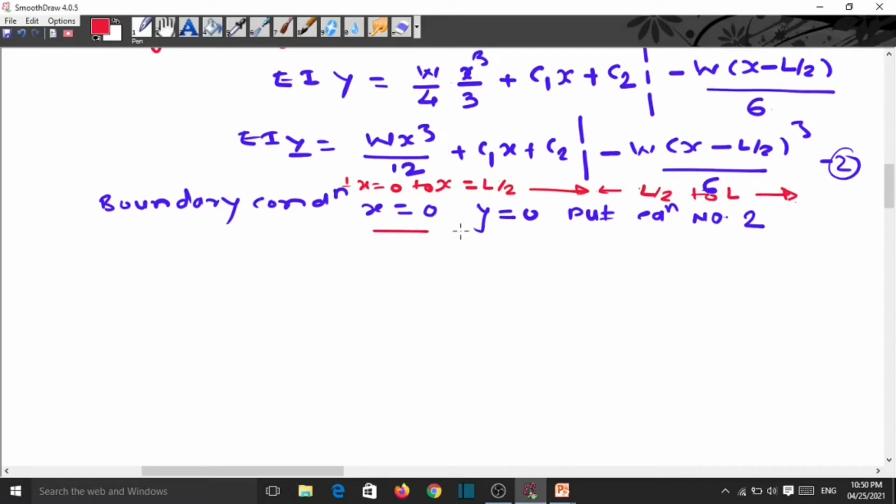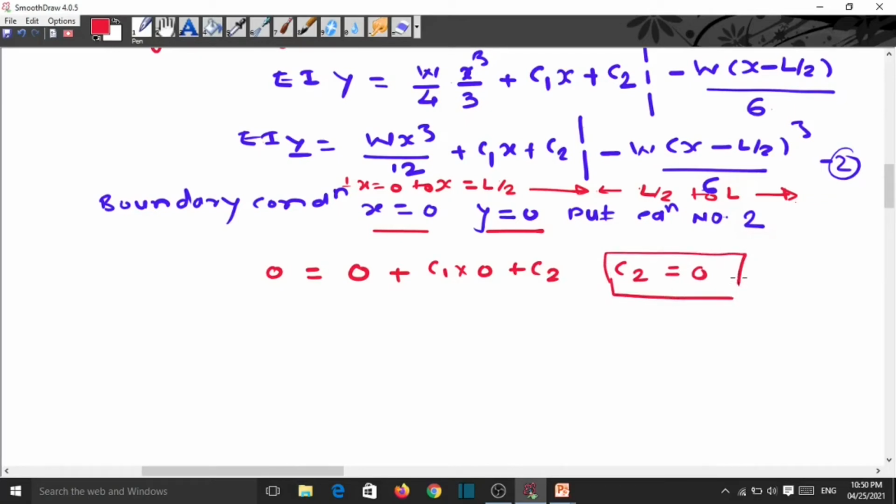So x equal to 0, y equal to 0 means we have to use only the first section. Put 0 into this equation. This becomes 0 is equal to 0 plus C1 into 0 plus C2. So we can say that C2 is equal to 0. In this way we got the value of C2. Now next apply the boundary condition.